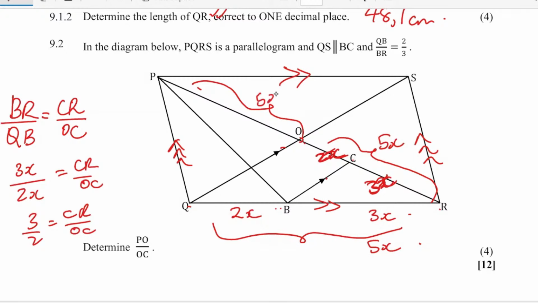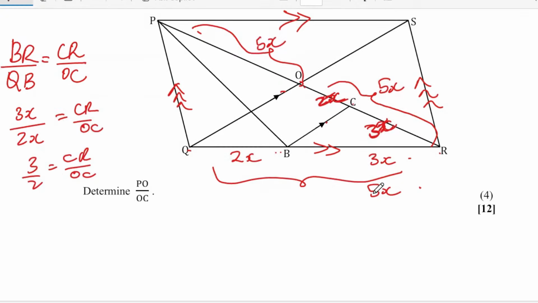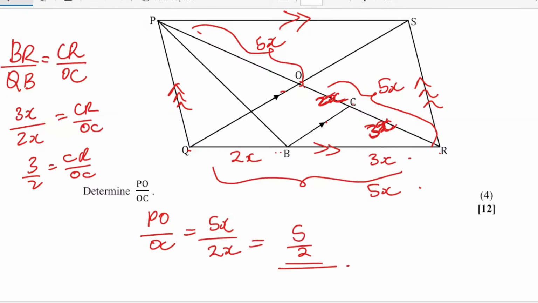This is also 5x. So if I'm looking at the ratio of PO over OC, our PO is 5x over the OC, which is 2x, which means the ratio is just going to be 5 over 2. So that is what I'm ending up with. Probably the only thing I have to state is that PO is the same as OR, diagonals of a parallelogram.